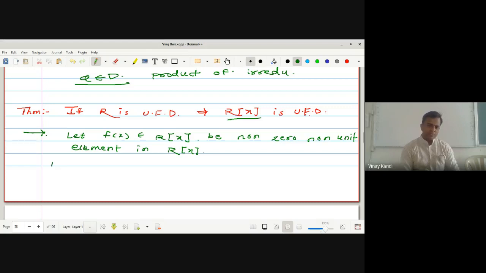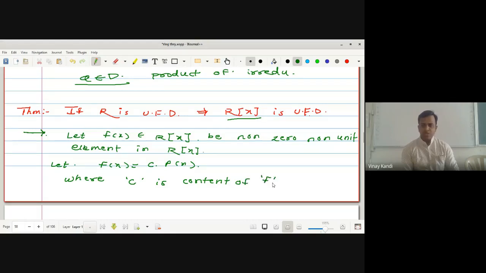Let this f of x be written in the form c into p of x, where c is the content of f, and p of x is a primitive polynomial in R of x.